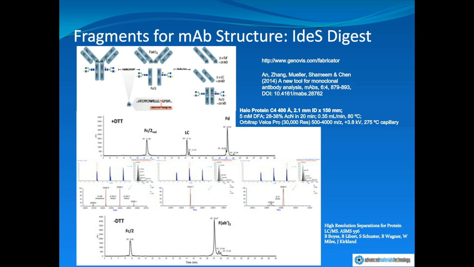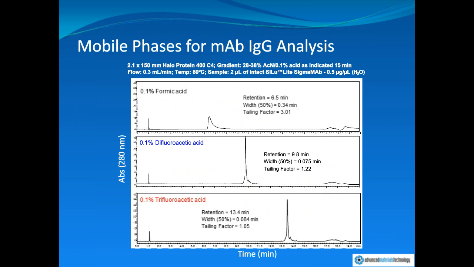That's with a 400 angstrom pore size material, again using DFA in the mobile phase. Now, when you get up to intact IgGs, so typical monoclonal antibodies, this is why we need to use something other than formic acid. This is very typical for an intact IgG with formic acid.